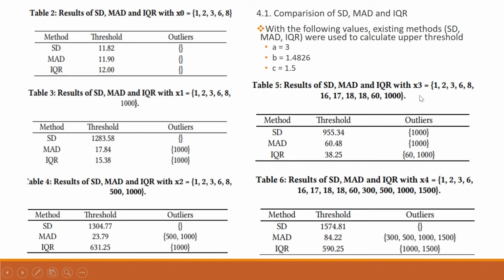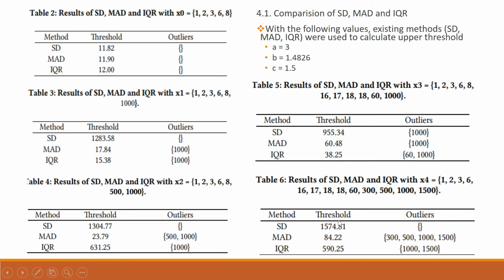For X3, we had two outliers, 60 and 1000. All of them detected 1000 as an outlier, but only IQR detected 60 as an outlier. For X4, we had 5 outliers: 60, 300, 500, 1000, 1500. None of the methods detected all of the outliers, but clearly MAD performed better than the other two.